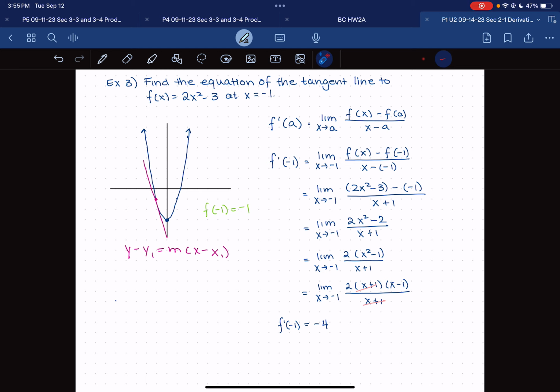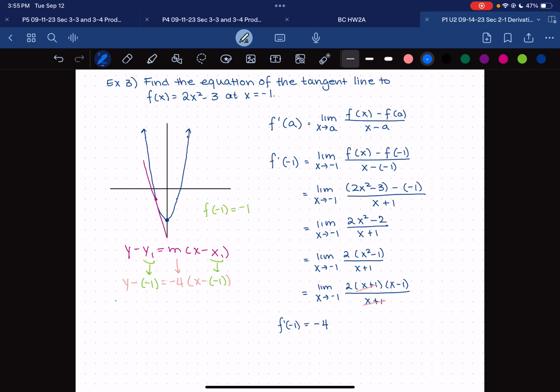So that's our x1, and that's our y1. So y1 is -1. x1 happens to also be -1 in this problem. So y minus y1 equals m, which we just found was -4, times x minus x1.